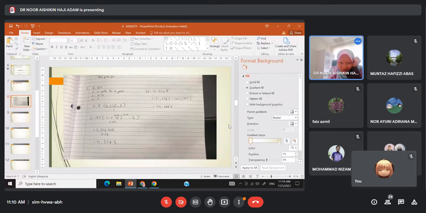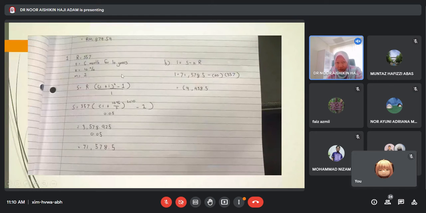Alright, let's take a look. Let's enlarge it a bit. Okay, R is 357, correct. T is 6 months for 10 years. 6 months for 10 years. So T is not 6 months for 10 years. What is T? 10 years. Not 6 months for 10 years.